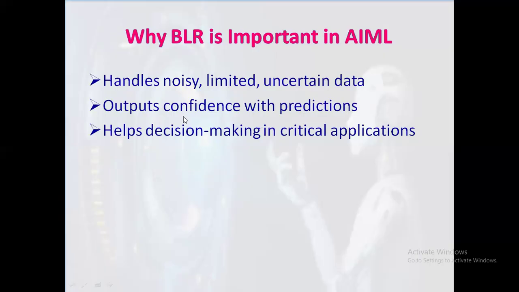BLR, however, naturally incorporates uncertainty by providing a full predictive distribution. This allows models to make risk aware decisions, especially in sensitive applications like medical diagnosis or autonomous vehicles. By considering both prior beliefs and data, BLR provides robust, interpretable, and principled results, which is why it's increasingly used in modern AI ML pipelines.